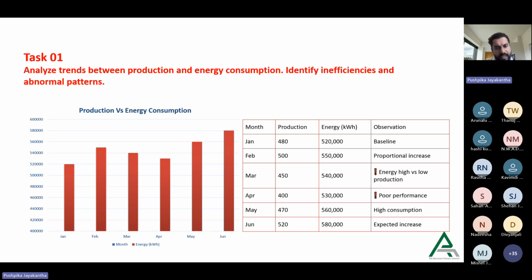In April, May, and sometimes June, there's moderate production, but again high energy consumption. This is again inefficiency and operational losses due to poor energy performance.